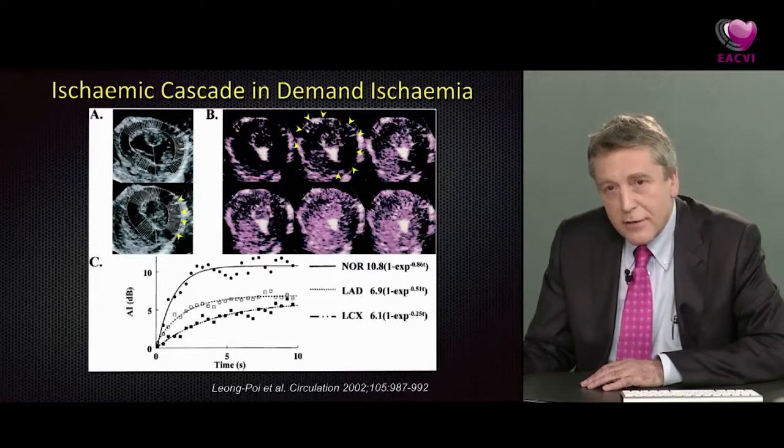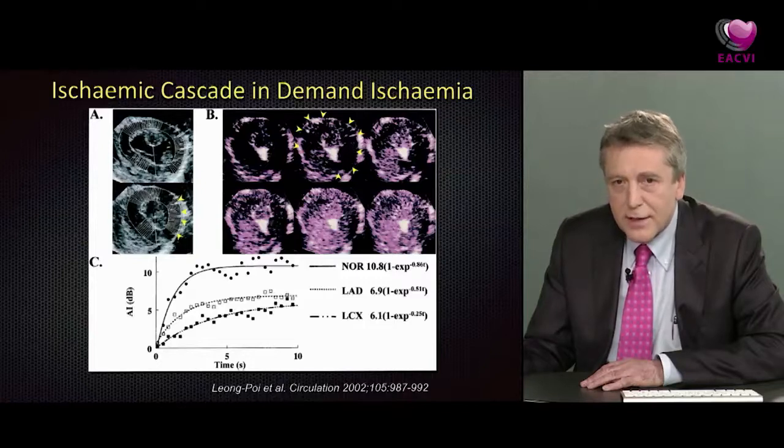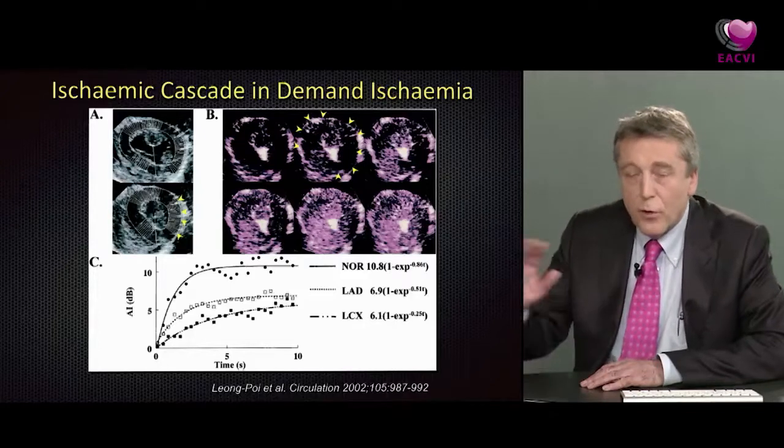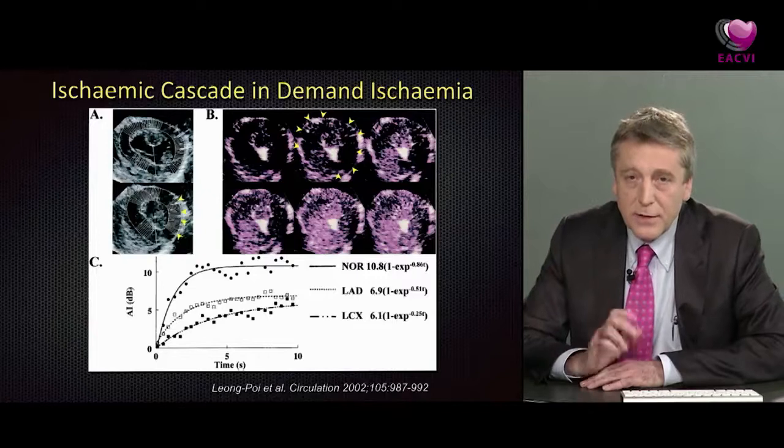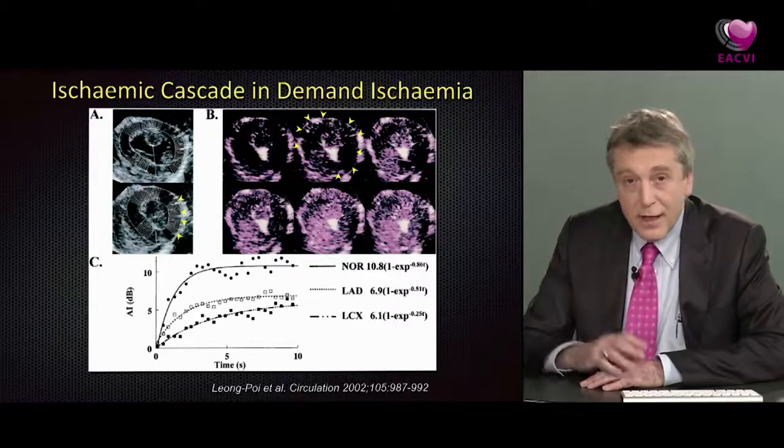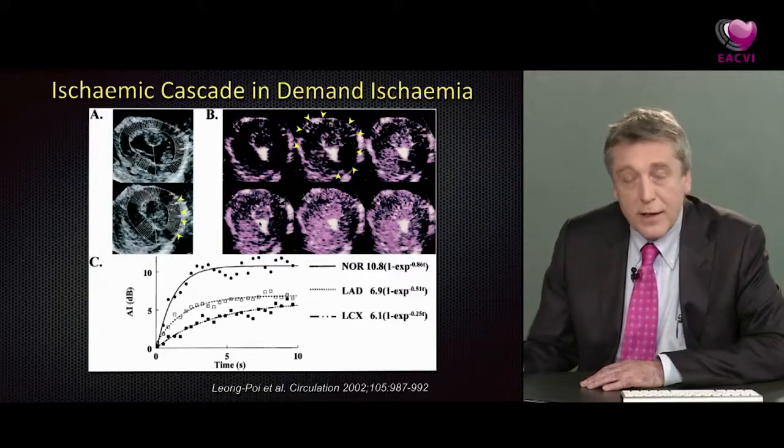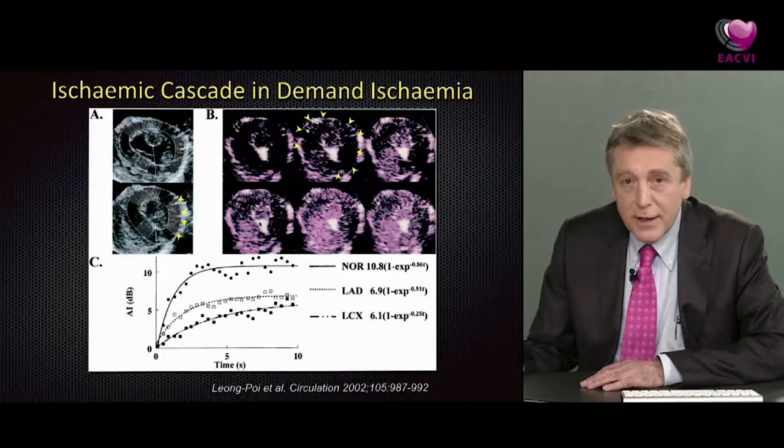You can see that at a very early stage in dobutamine stress, we start to appreciate the perfusion abnormalities, because you can see contrast in the myocardium. And here, at the intermediate stage, again, we can see the perfusion defect in the LAD and the circumflex. The right coronary is perfused well, but these perfusion abnormalities occurred before the wall motion abnormalities. And that's the key thing. And that's really one of the very useful things that allows us to apply it during stress echo.